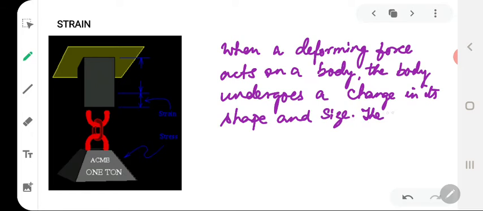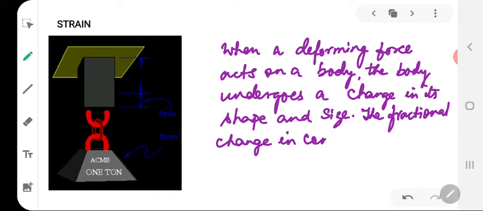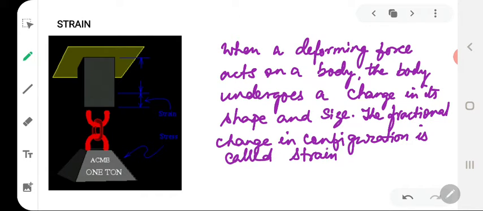The fractional change in configuration is called strain. So, what should be the mathematical representation?